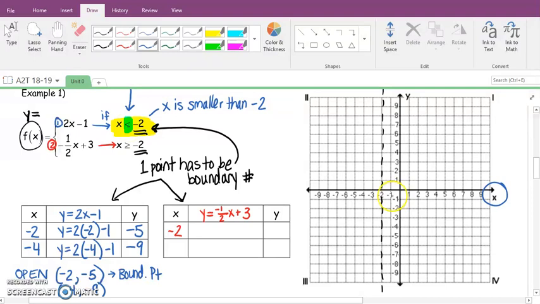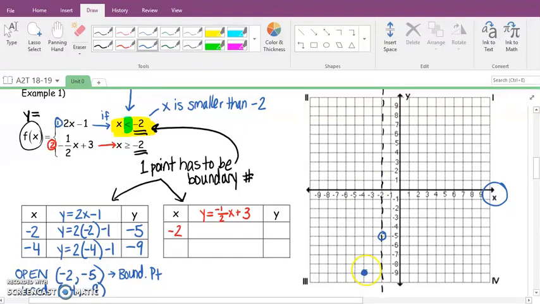So when I graph it, negative 2, negative 5, I'm actually going to make it like an open circle just like that. Okay, only boundary points are open or closed. Those are the only points you have to decide if it's open or closed. All other points would be closed. So the second point that I came up with is just going to be a normal point. Closed point, negative 4, negative 9.